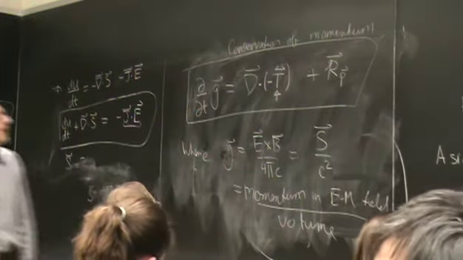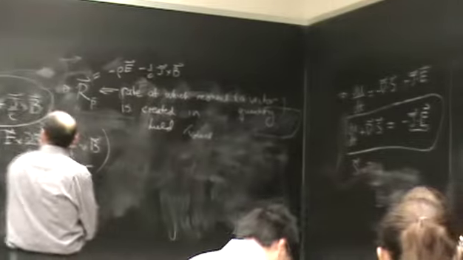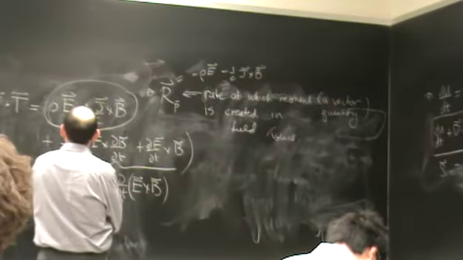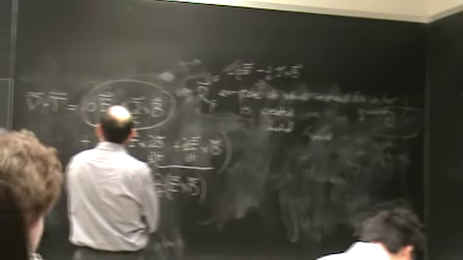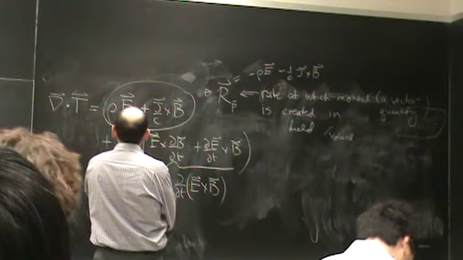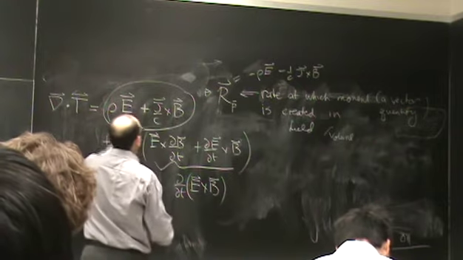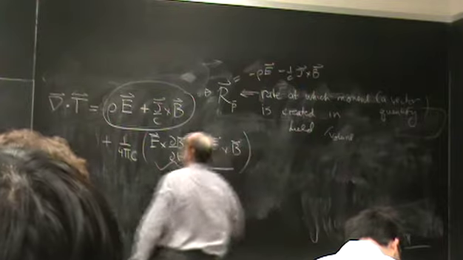Yes? Try to just keep track of the minus sign. Should there maybe be one to the left of the del in the boxed equation? It's del minus T. I know, I think we need another one. Maybe I'm just being stupid. It's probably me who made a mistake. No, I think this is actually right. This is equal to minus R. Right?